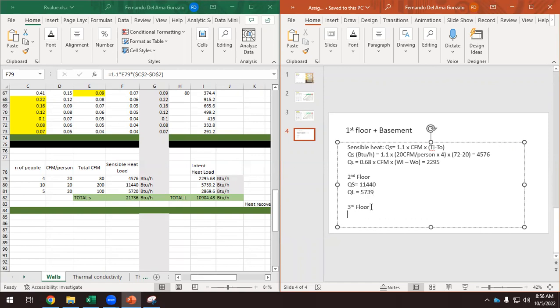And for the third floor, the sensible load is 5720. And latent is 2869.